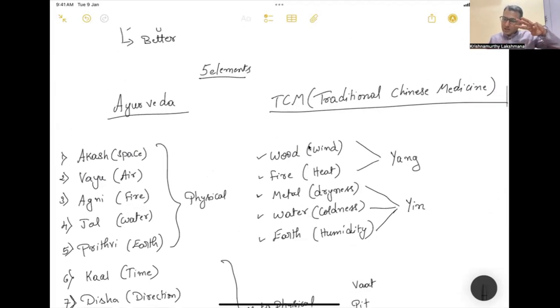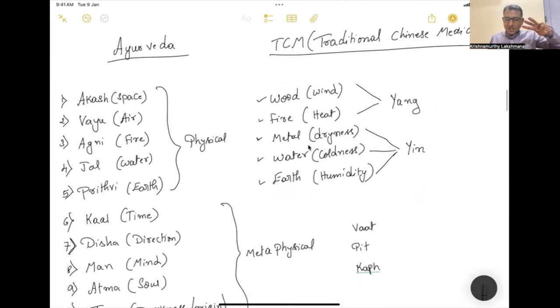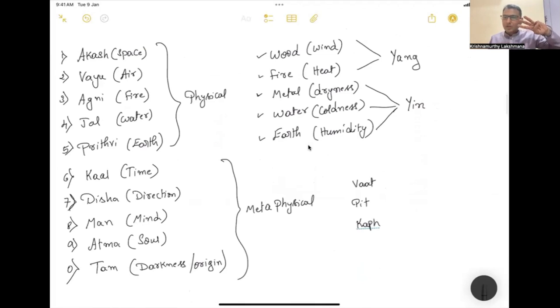Because in Ayurveda, we have three groupings, and in TCM, we have only two groupings. So which can be combined? Vat is Akasha plus Vayu.